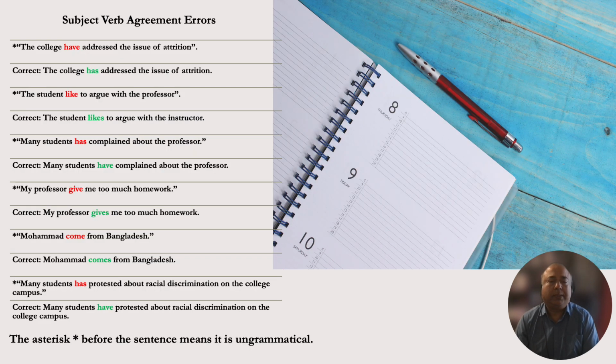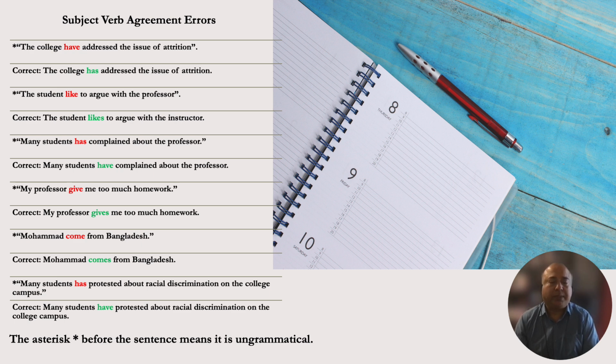Okay? So let's look at several types of local errors. Subject-verb agreement errors. That is a type. There are others. I have highlighted all the errors in red. They're all ungrammatical sentences. How can you tell? There is an asterisk before each ungrammatical sentence.